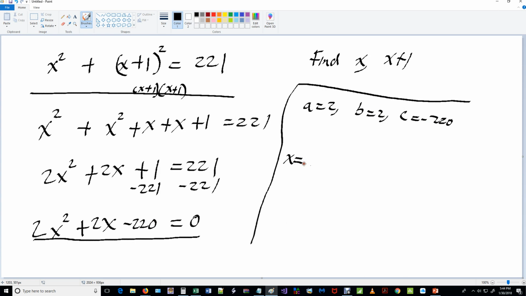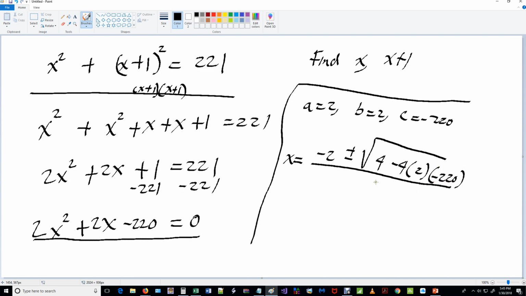So we're going to find this using the quadratic formula. b is 2, so minus b would be minus 2, plus or minus the square root of b squared, that's 4, minus 4 times a, which is 2, times c, which is minus 220. And then the denominator will be 2 times 2, this is 4. All right, so let's keep going.